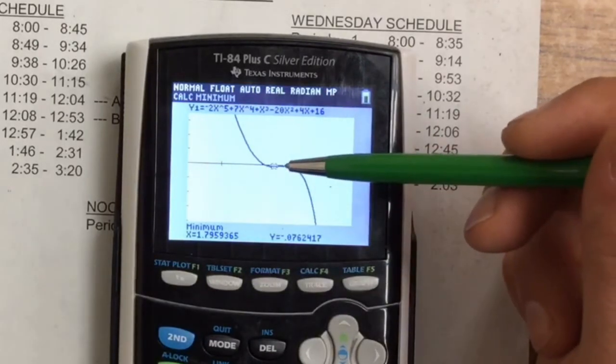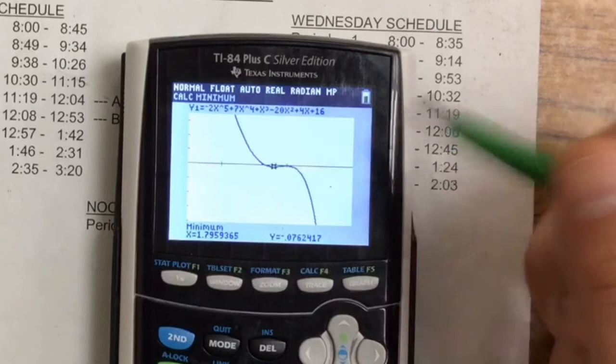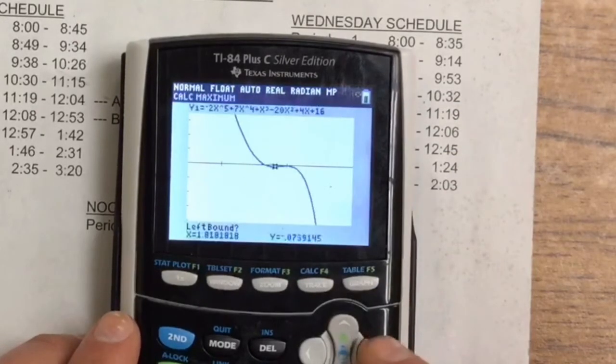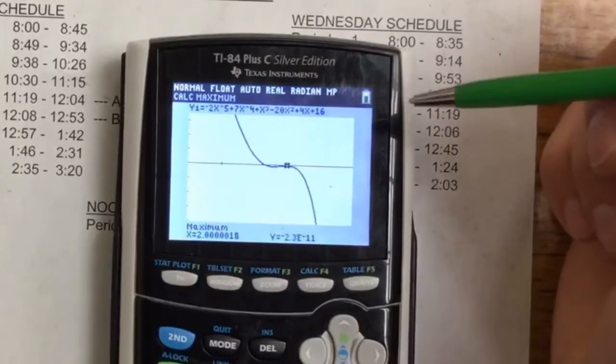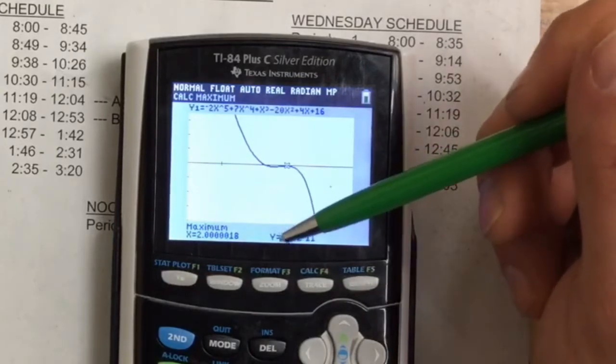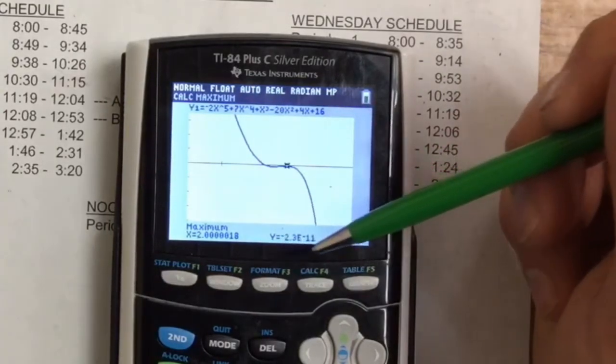Now there's also then, since it turned around, a maximum here somewhere. So we'd have to go second calc, maximum. And I'm left of it now, and I'm right of it now, and I'll be guessing about what it is there. There's a maximum at 2. And this is the calculator's really confusing way.